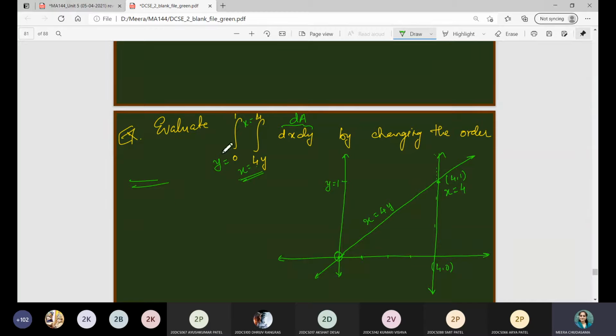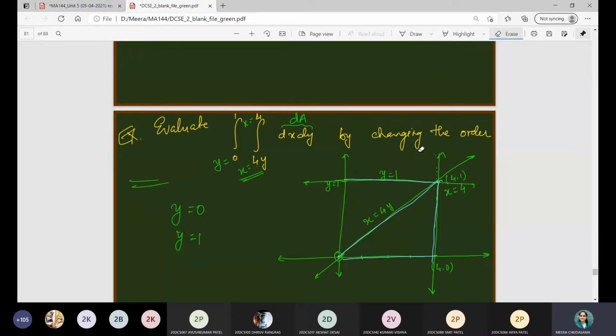So what are the given quantities? y is equal to 0 means it will be represented by this x axis. y is equal to 1 means it will be represented by this line, which is y is equal to 1. So when you consider the given region, this is y is equal to 0, this is y is equal to 1, then x is equal to 4y means it is this one, and then x is equal to 4. So that is this one. So the given region is this one, right?